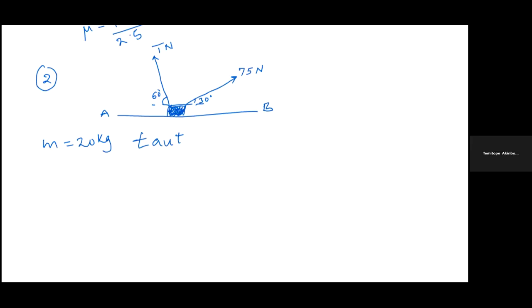Question A. Given that the surface is smooth, find the value of T and the magnitude of the contact force acting on the block. That's question A.